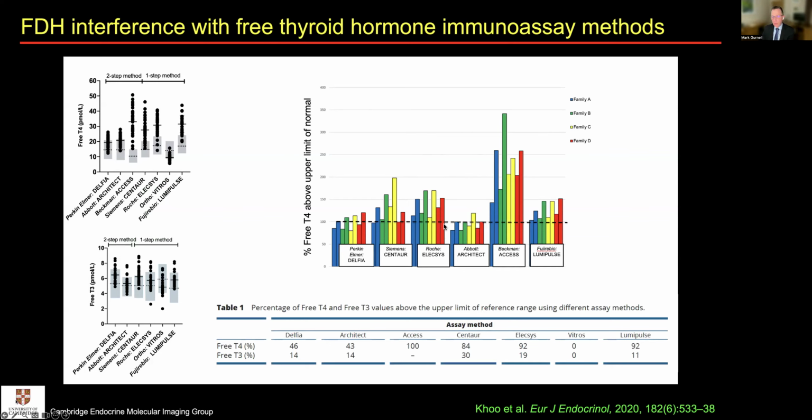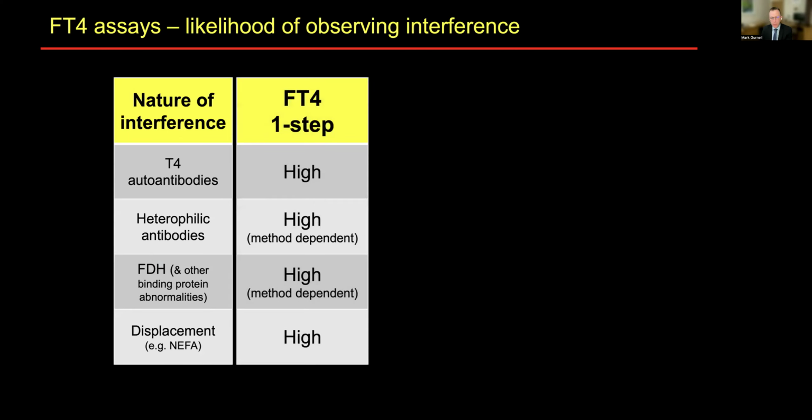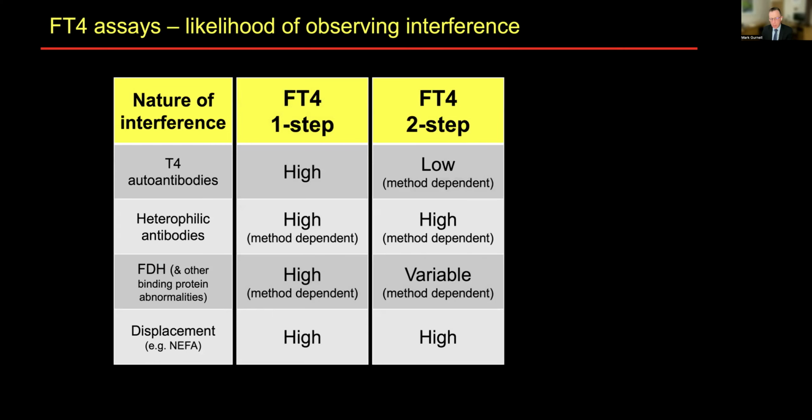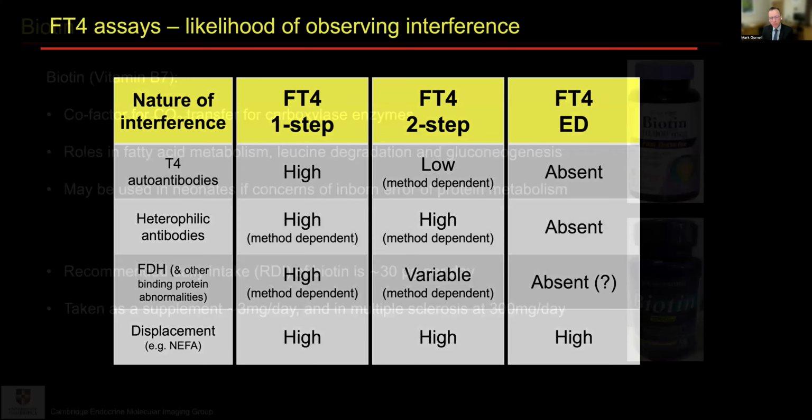Some of the assays were really very prone to give abnormal results, whereas others would sometimes return normal results. So the likelihood of observing interference in the different assay types does depend on the type of interference. 1-step assays are vulnerable to many of the factors that I've described. The 2-step assays generally tend to do a little bit better, but they are still prone to some degree of interference, whereas equilibrium dialysis currently is considered to be the gold standard.